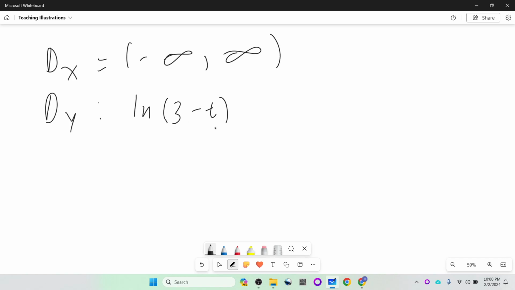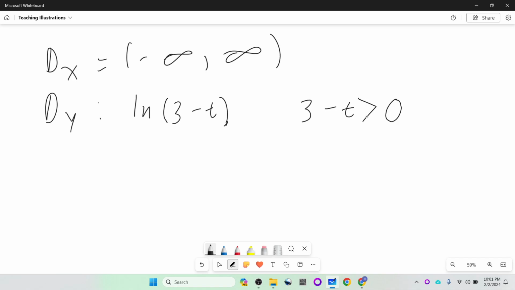Now, natural log is only defined for positive numbers. So we can say 3 minus t needs to be greater than 0. And again, if you take anything with complex imaginary numbers, you can break some of these rules, but we're just going to stick with real numbers in this class.